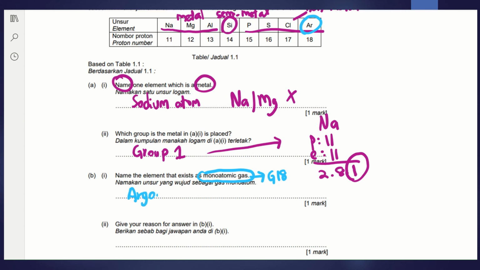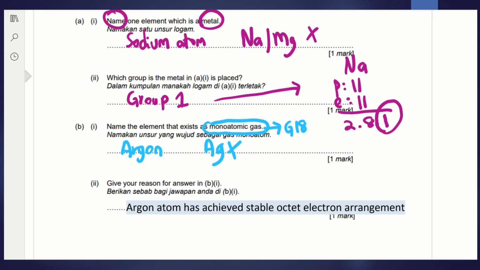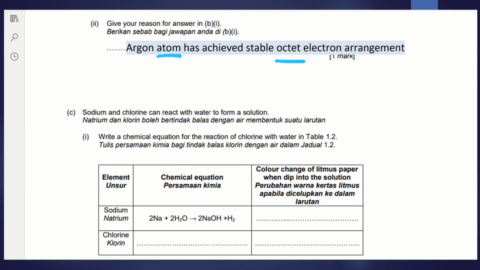You need to write down the name. If you put the symbol Ar, the answer is wrong. Give your reason for the answer in B1. You should write the same answer as the previous answer: argon atom has achieved a stable octet electron arrangement. So we move on to the next question.